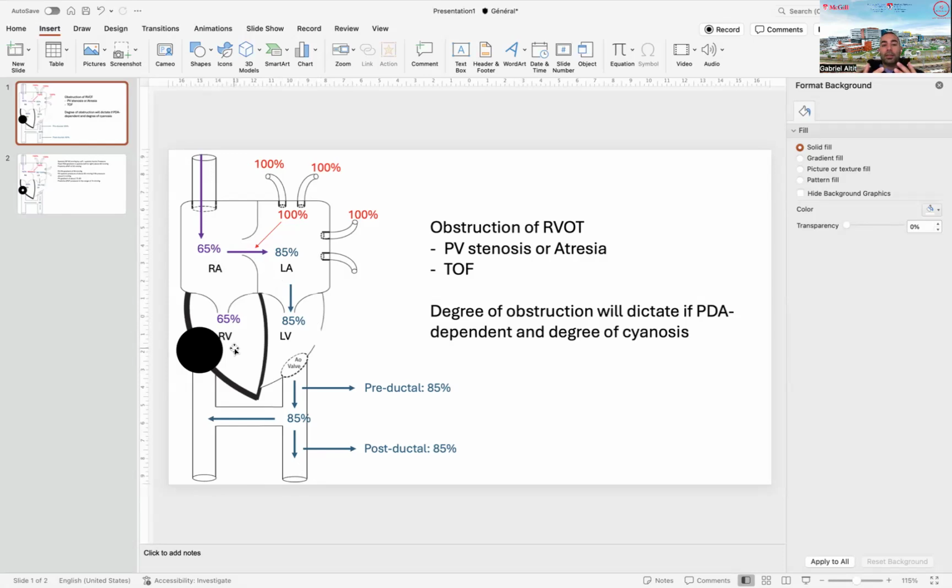So there's very high end diastolic pressures. And so RA pressure is just much higher than the LA pressure because of that, since the RA and the RV will equalize pressure in diastole when the tricuspid valve is open. And so a lot of flow will pop off into the left-sided compartment through the interatrial shunt. And these babies are typically blue.